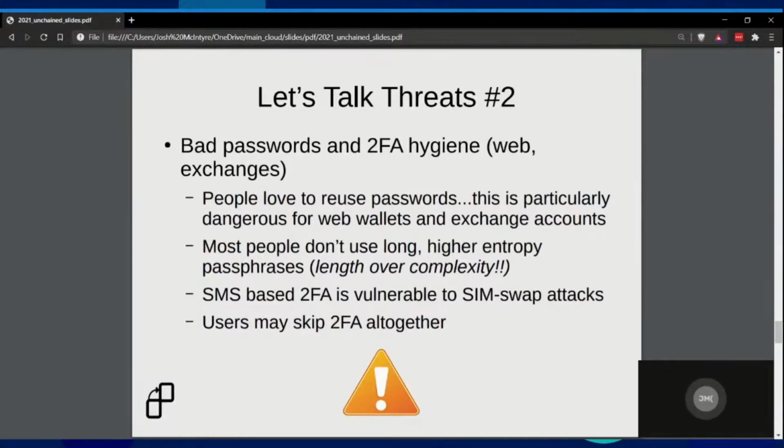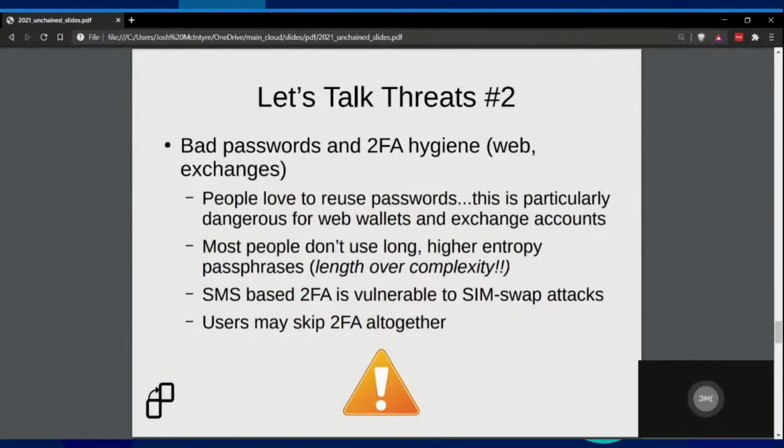If attackers know that they have your phone number, and they know that you're on an exchange or something like that, they will try to call up AT&T or Verizon or Sprint and get the phone number transferred into their hands so they can reset access to the account using the SMS two-factor as a reset or something like that. I know people in my network that have lost tons of cryptocurrency in that way.